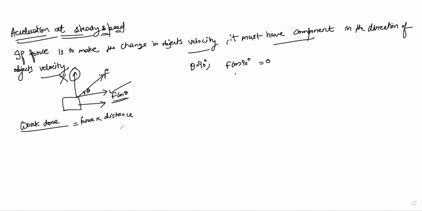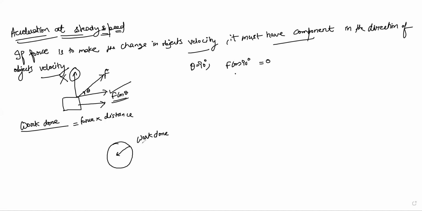Now, distance moved by object in the direction of centripetal force. If I consider this circular path, centripetal force is acting toward the center. Is object moving any distance along the radius? No, sir. Object is moving along the circumference only. Therefore, work done is 0.